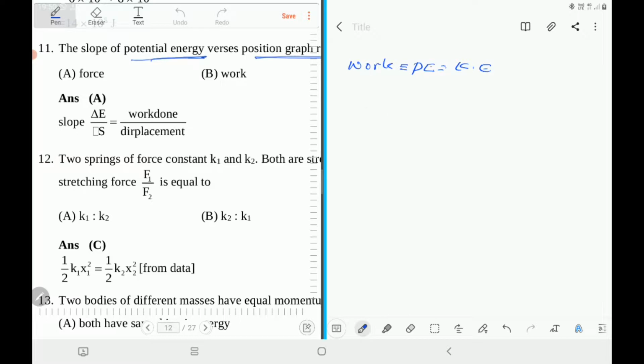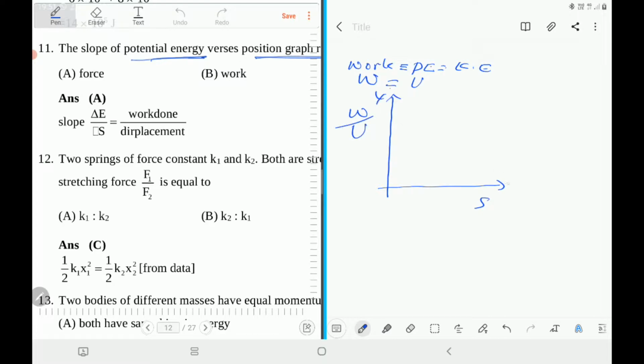So capacity of doing work itself is energy. That's why if I denote work by W, potential energy by U, they are equivalent. A graph of work versus displacement implies a graph of potential energy versus displacement.